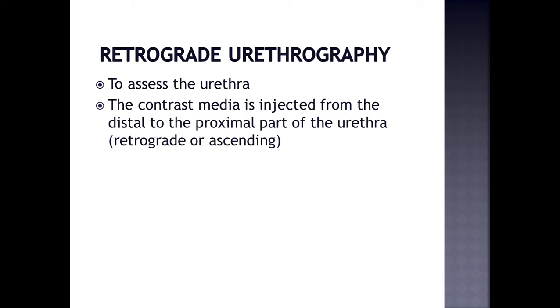So next we shall see retrograde urethrography. RGU is generally done to assess the urethra. Here the contrast media is injected from the distal to the proximal part of the urethra. That is why we call it retrograde or ascending urethrography.